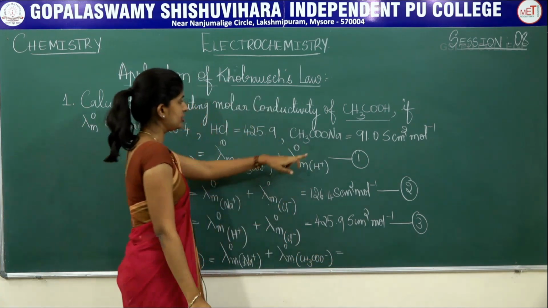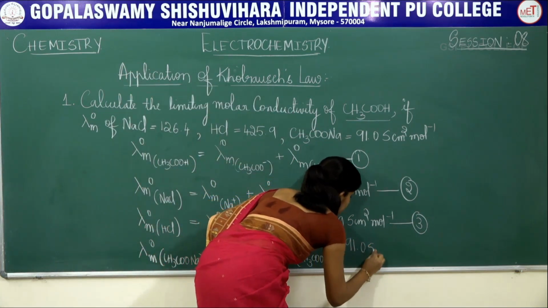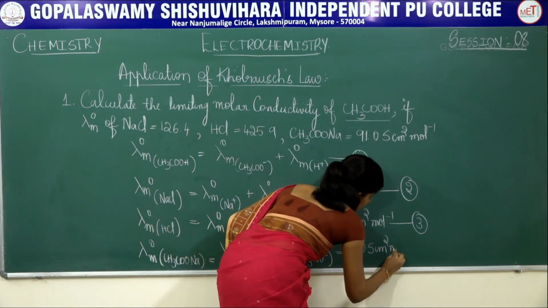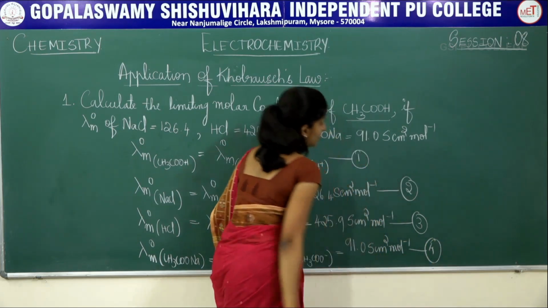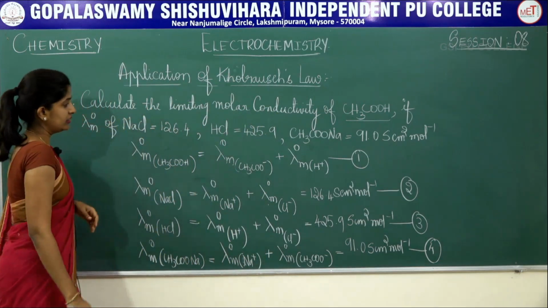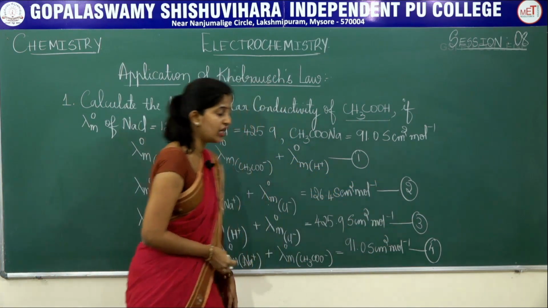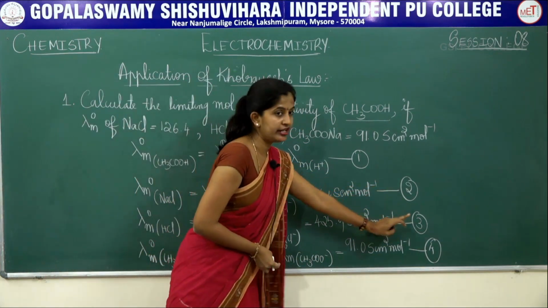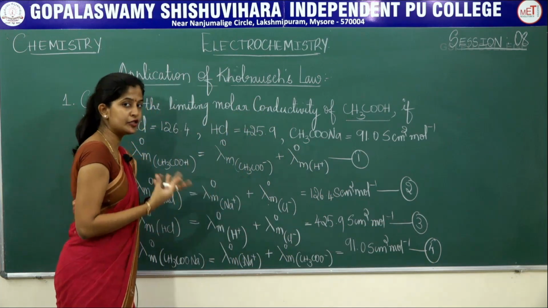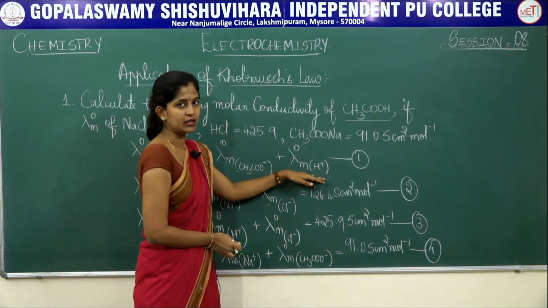That is equal to, the value is given to be 91.0 Siemens centimeter square per mole. Now the agenda is, using these equations 2, 3 and 4, you have to deduce equation number 1. Either you sum up or you subtract these equations. The final equation should be your equation 1.